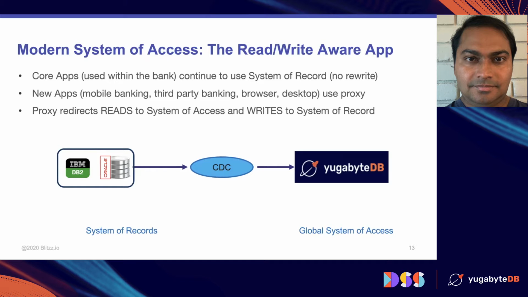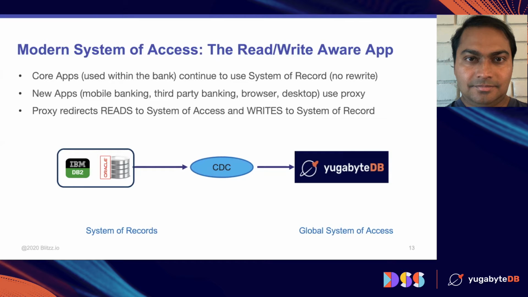However, new apps, which actually have much more usage, like the mobile banking app, where if you look at how many users there are, it would be several orders of magnitude higher than the users within a bank, or third party banking, browser, desktops.